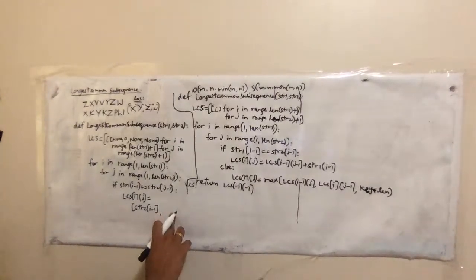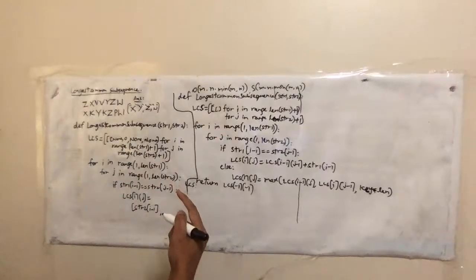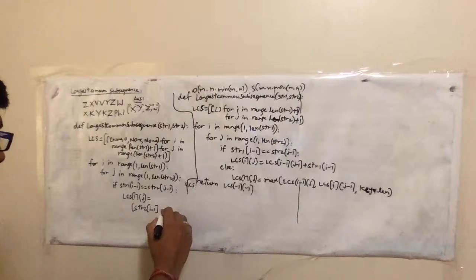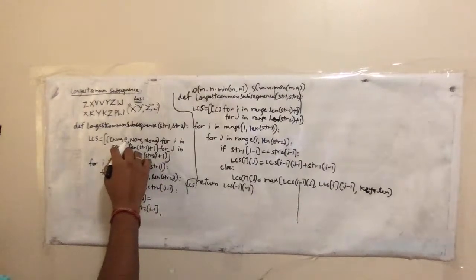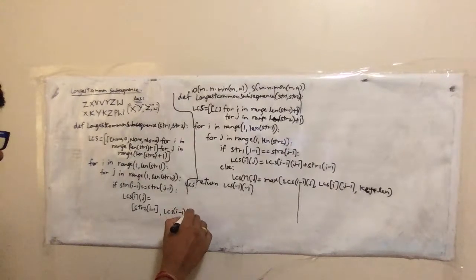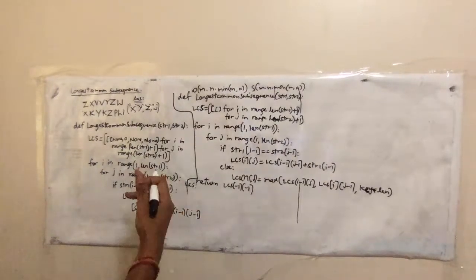So this is of length, added 1 to the previous 0. So the previous element would be LCS of I minus 1 j minus 1, because we have talked already.